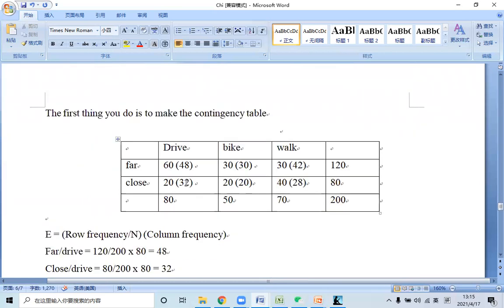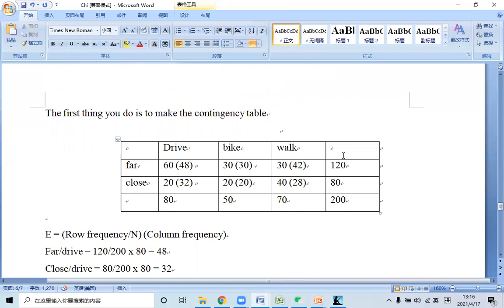And we want to make the contingency table. This will be 2 by 3. Out of all the people, you have those people who live far away and those people who live close by. For those people who live far away, 60 drive, 30 ride a bicycle, another 30 walk.